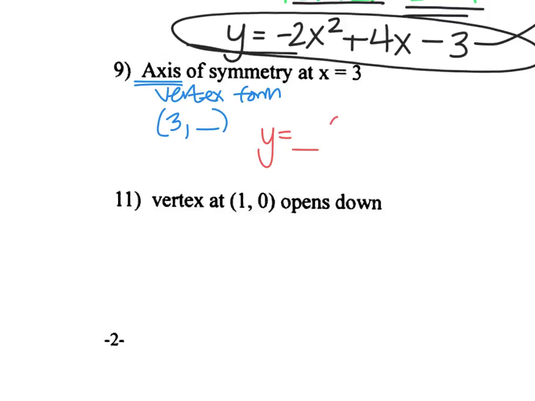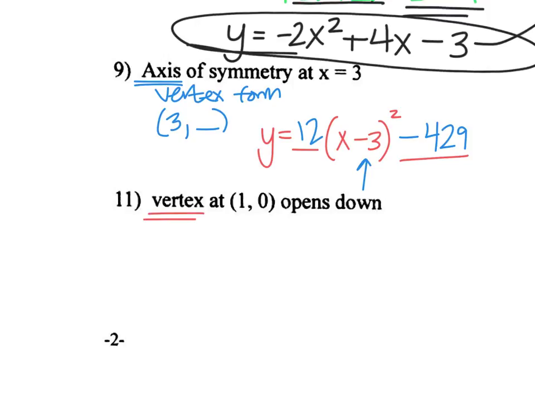It could be anything you want it to be, even positive or negative, because this doesn't say anything about how it opens. (x - 3), because inside's the opposite, squared. And then you can put any number out here that you want at the end. The only part that you have to have is this (x - 3) squared. So we could put 12 in the front and -429 at the end. Any of that works as long as it says x minus 3 squared.